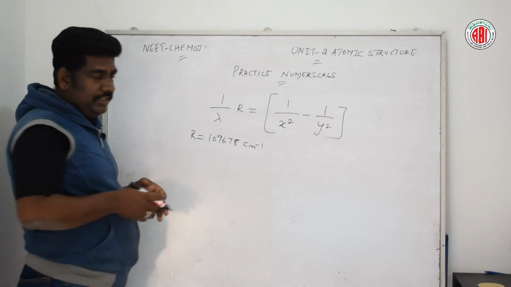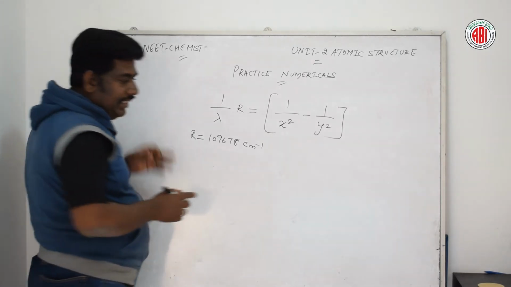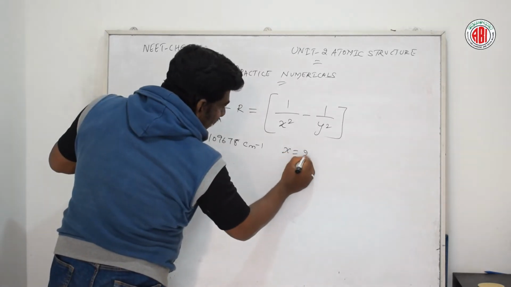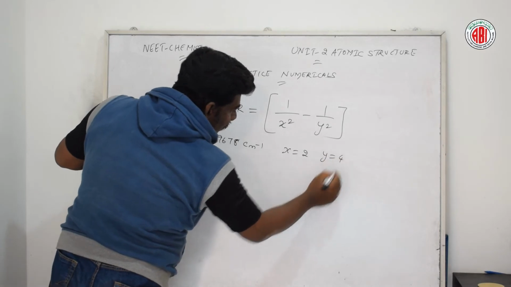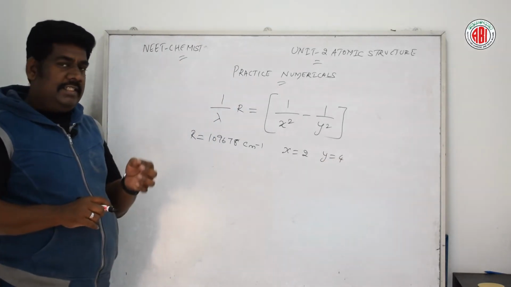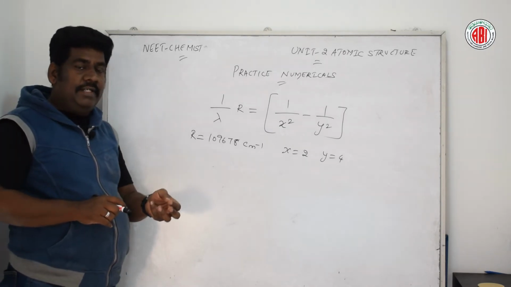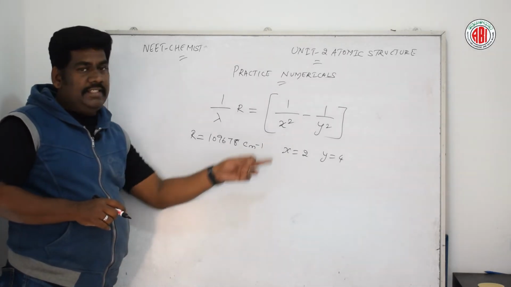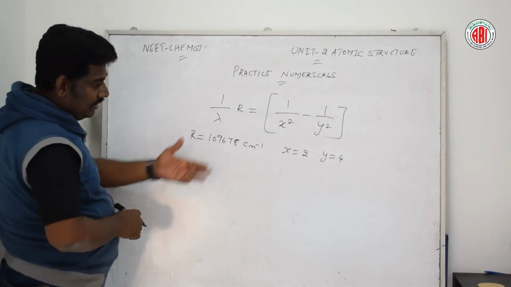According to the question, the x value is 2 and the y value is 4. That means the electron transits from the energy level 4 to the energy level 2.